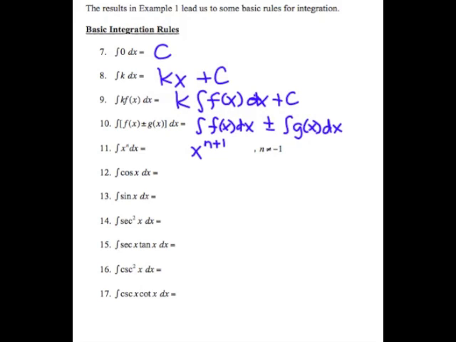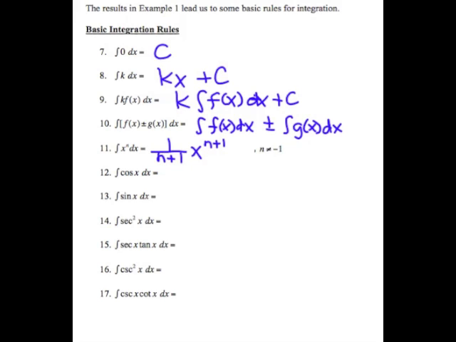But to cancel out that n plus 1, when we bring it back in front, we do need to multiply that by 1 over n plus 1. Again, numbers might help. If you think of n as 4, if we want the integral of x to the 4, we're going to get 1 over 5 times x to the 5. And there is a note there that n can't be equal to negative 1. We'll deal with that a little bit later.